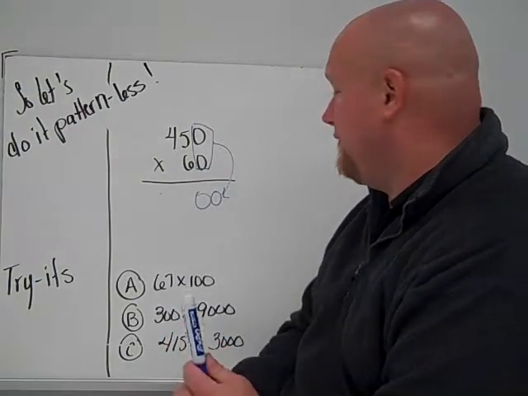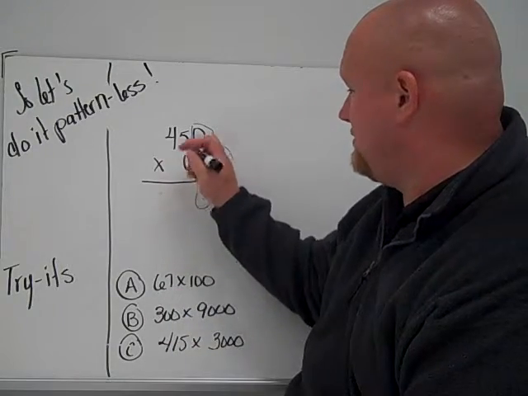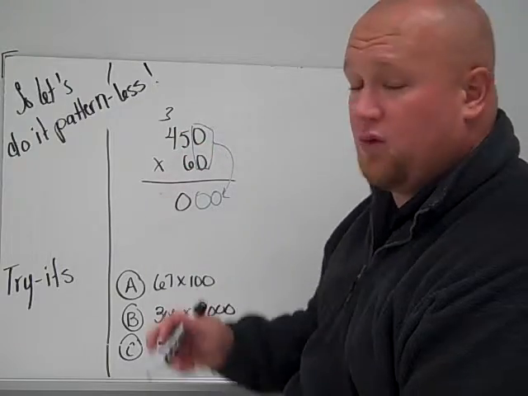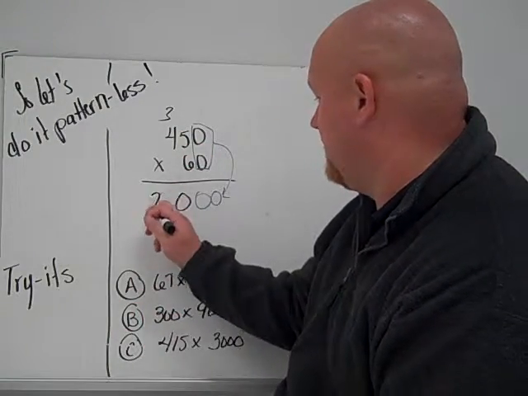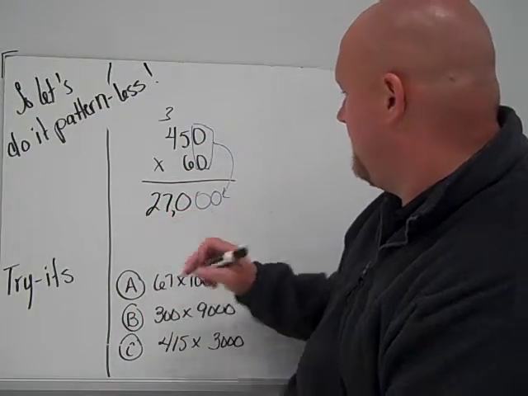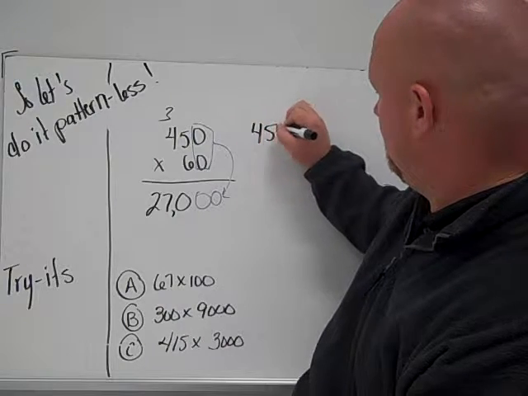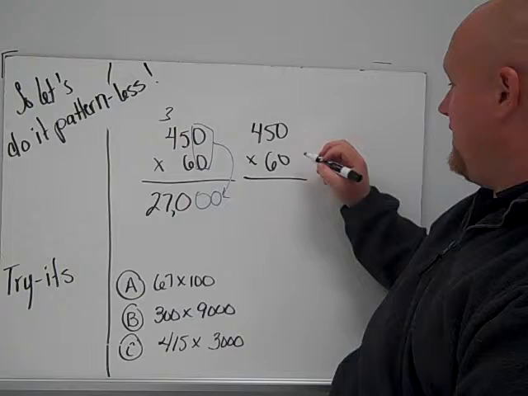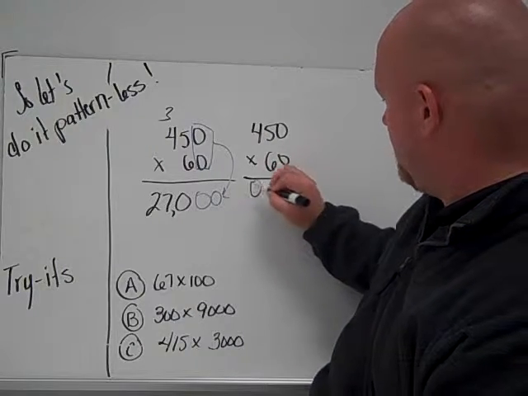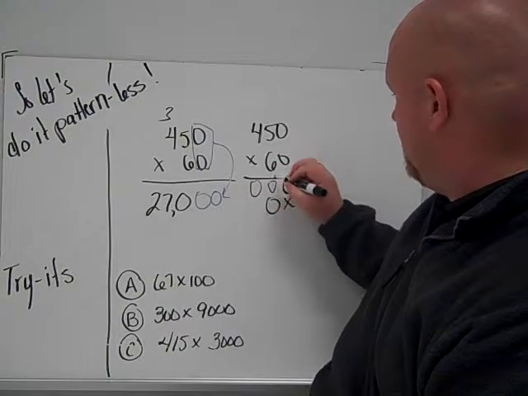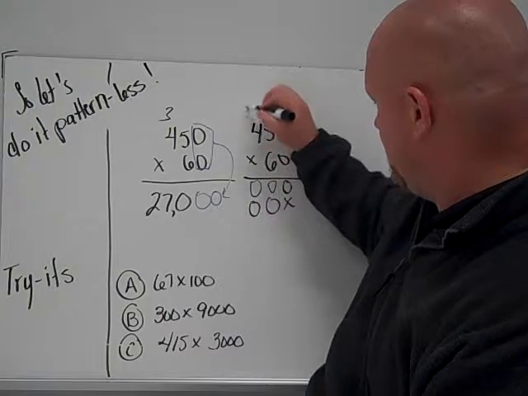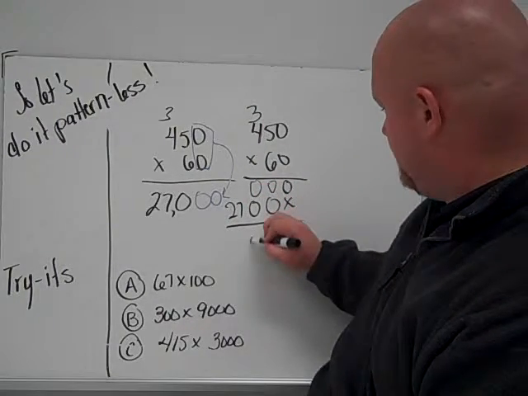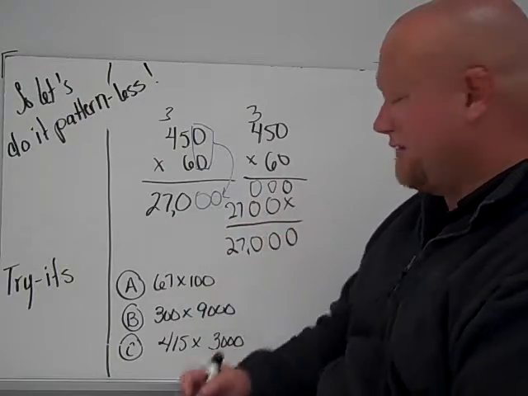Now I just got to do 45 times 6. 6 times 5 is 30. 6 times 4, 24 plus 3, 27. If I do it the long way, you're going to see the same thing. 0, 0, 0, place blocker, 0, 0, 3, 2, 7, 0, 0, 0, 2, 7.